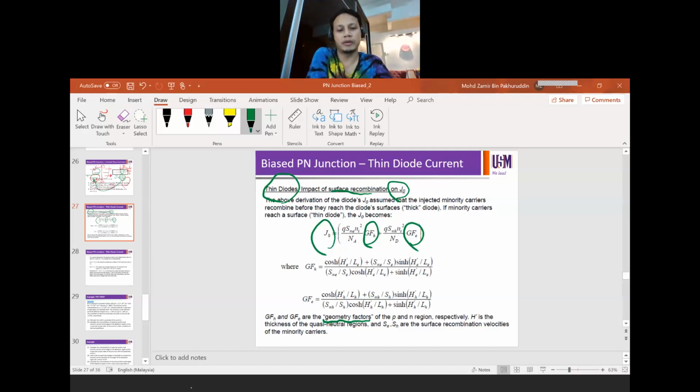You have to factor it into the calculation of J naught. GF is given by these equations, but you don't have to memorize them. I just want to show the impact of the geometry factor on thin versus thick diode. Surface recombination is more significant in thin diode, but less significant in thick diode.